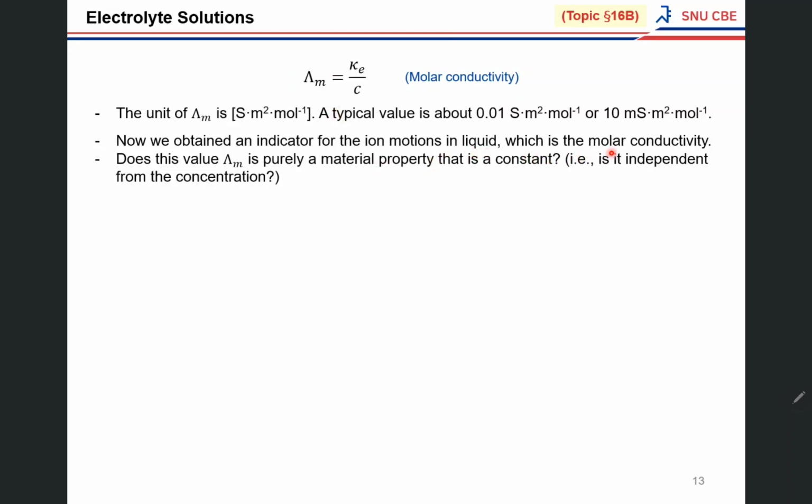We can ask ourselves a question: is this molar conductivity purely a material property or not? In other words, we can test if this molar conductivity depends on the concentration or not.